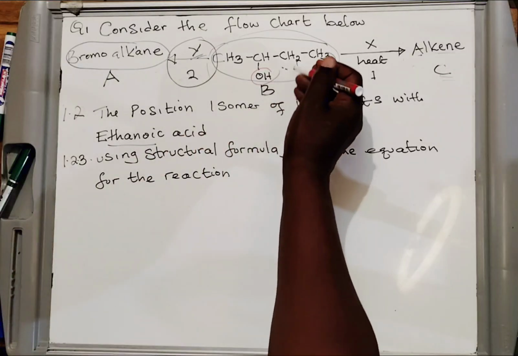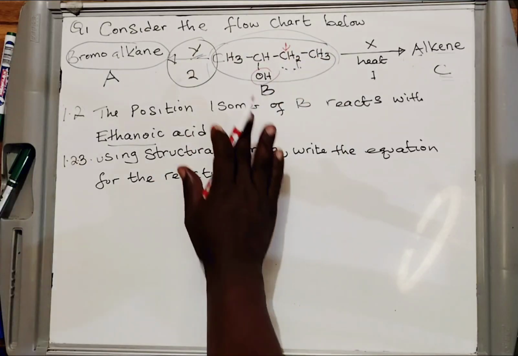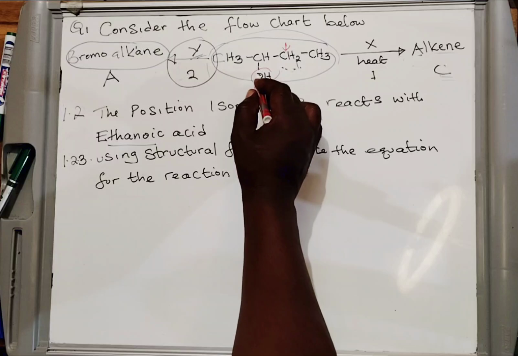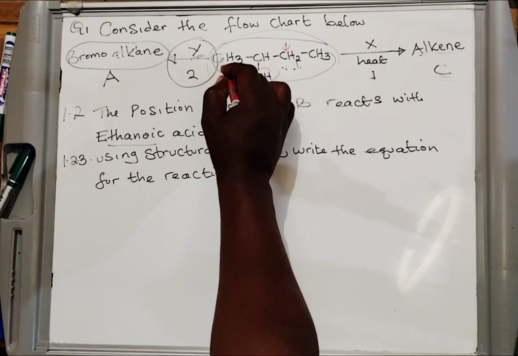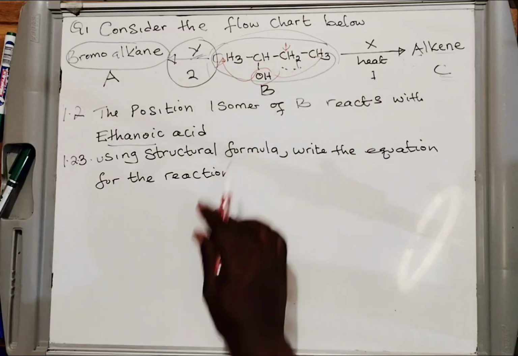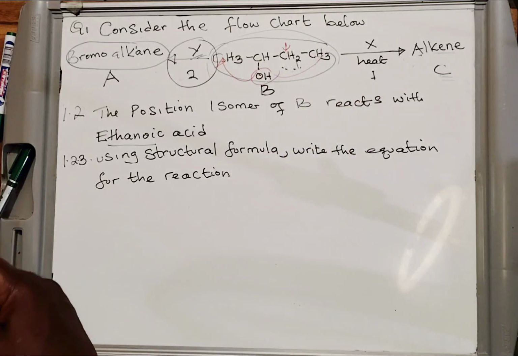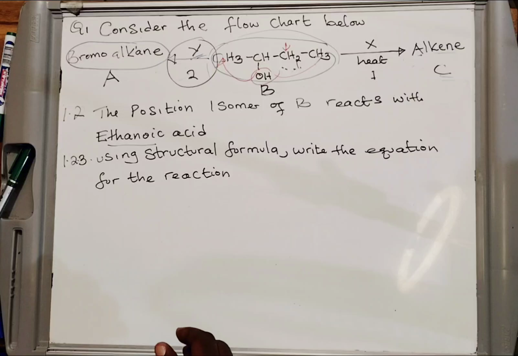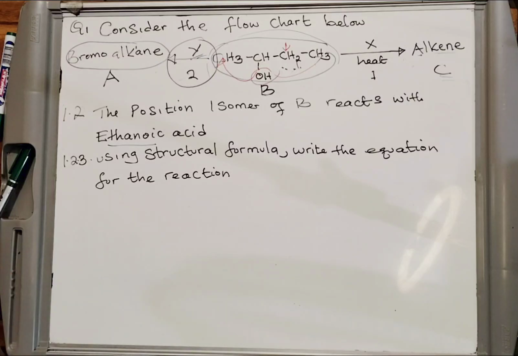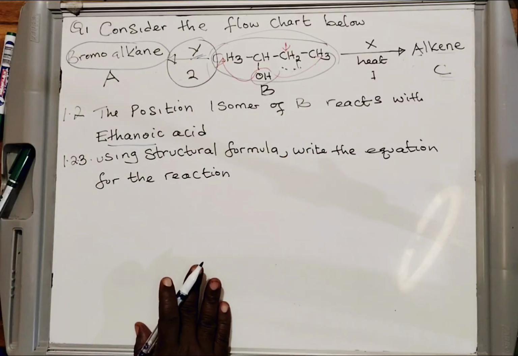You can change this OH to this one, but if you do that, you have not changed anything because both are position 2. The only alternative is to take our OH there or take it there. And when you do that, what structure of alcohol do you form? You are going to form a primary alcohol.